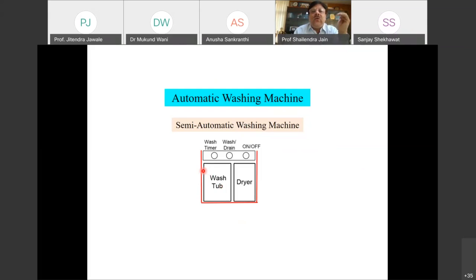You have to fill the machine up to these particular levels. So some intelligence is required on how much water to be added for the washing operation. We have a very basic learning experience of how much water to be added till all your cloths are immersed in the water, isn't it?